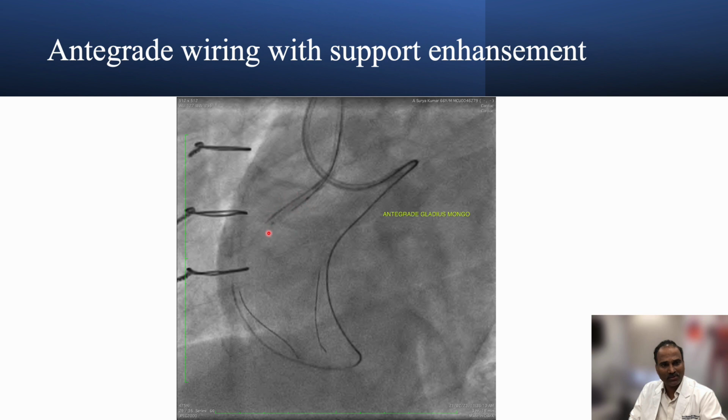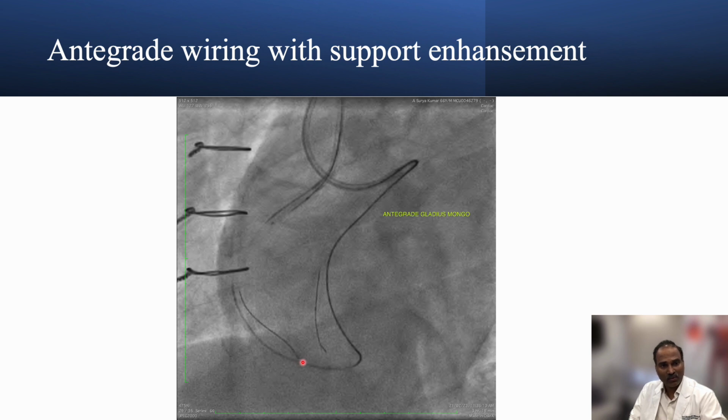So we had to do balloon occlusion of the microcatheter within the proximal right coronary artery. With that we could reach with the antegrade wire up to the distal cap. But the problem here was the venous graft, which was sitting here, giving a loop to the right coronary artery.